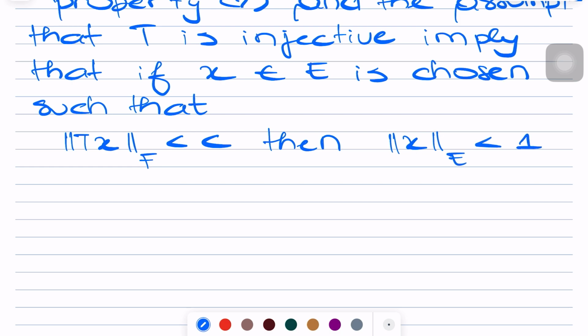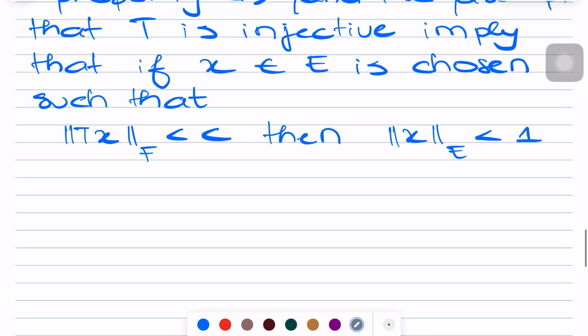Remember, property 7 says that there is this C positive such that the ball in F is contained in the image of the unit ball.